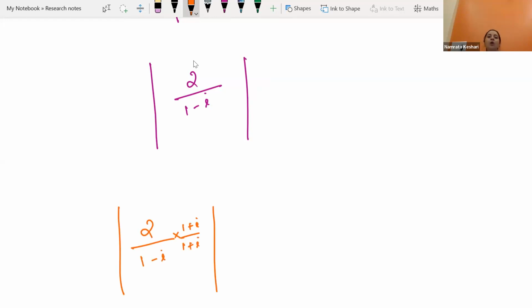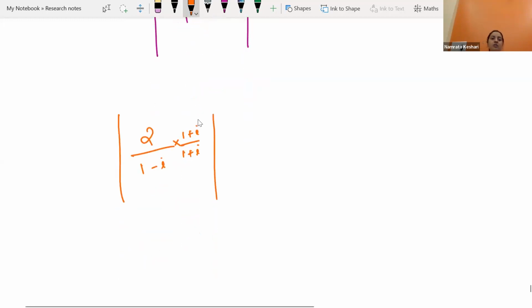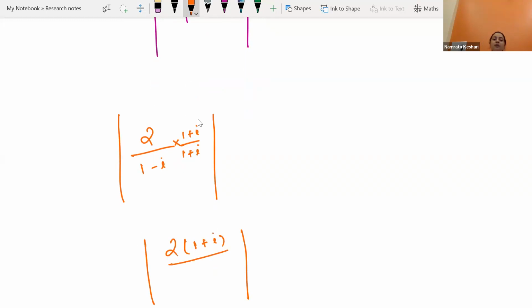Oh yes, it is allowed because you are not making any change. Multiplying 1 plus i in the numerator and denominator means you are just multiplying by 1. So we are not doing any drastic change. We ended up getting 2 times 1 plus i in the numerator, and in the denominator the a plus b, a minus b structure we have generated. So a square minus b square.